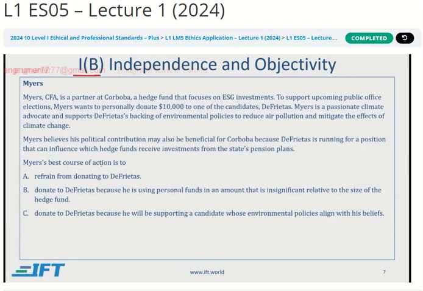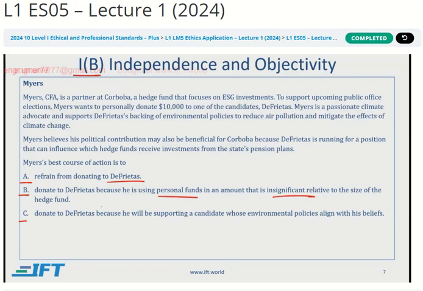Myers' best course of action is to A, refrain from donating to De Freitas, B, donate to De Freitas because he is using personal funds in an amount that is insignificant relative to the size of the hedge fund, and C, donate to De Freitas because he will be supporting a candidate whose environmental policies align with his beliefs.